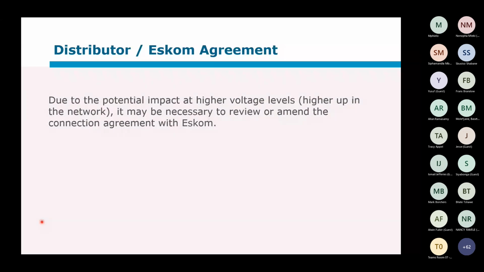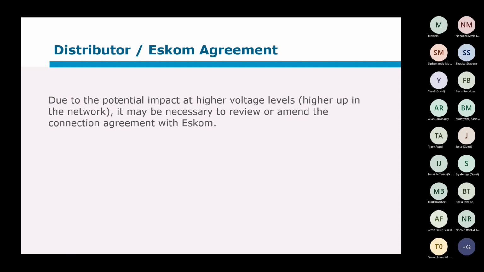Then we have hinted at this, especially if you've got a generator that connects close to your connection point to Eskom. There might be an impact on the Eskom networks. Eskom might say, well, you now have a behind-the-meter generator that's sometimes feeding back into my network, and they might want to update that connection agreement with Eskom as well.